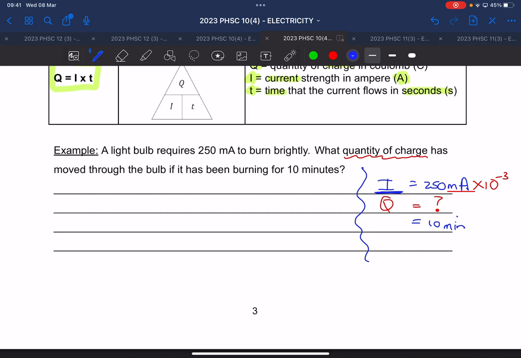Time. Then, do we work in minutes? What do we work in? How do we go from minutes to seconds?